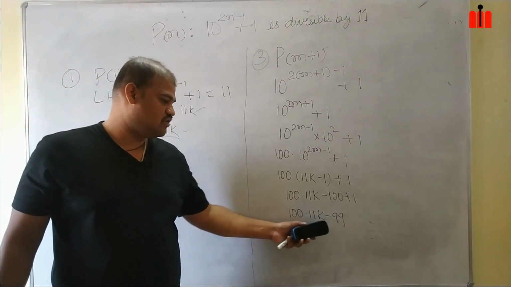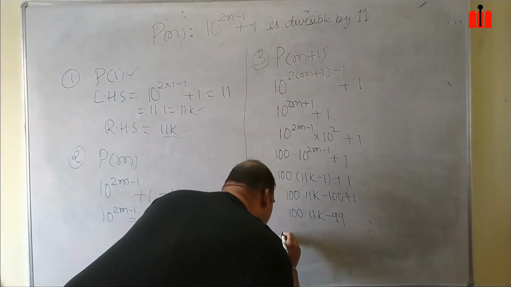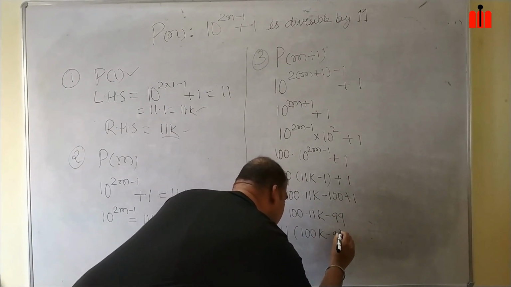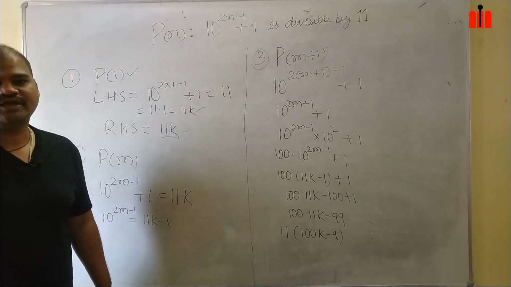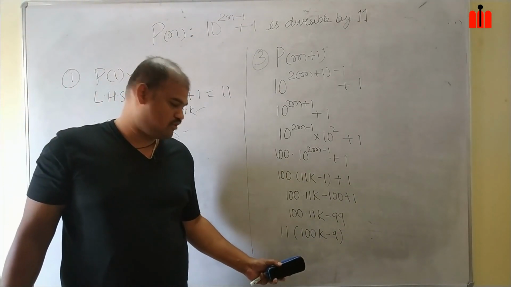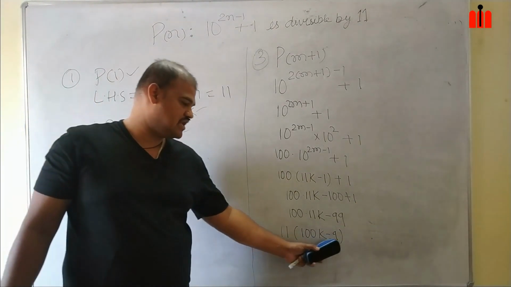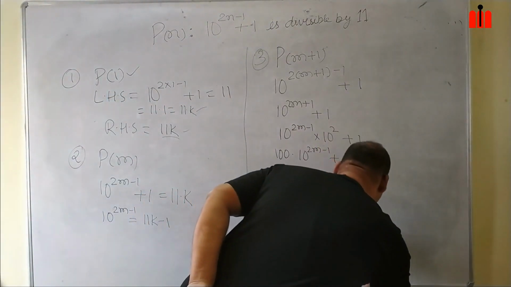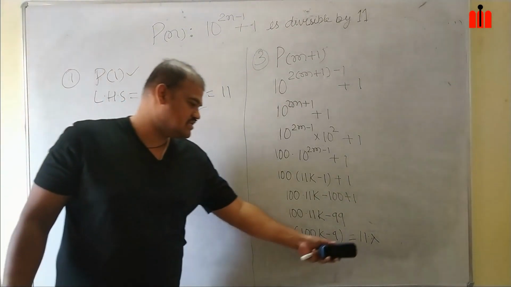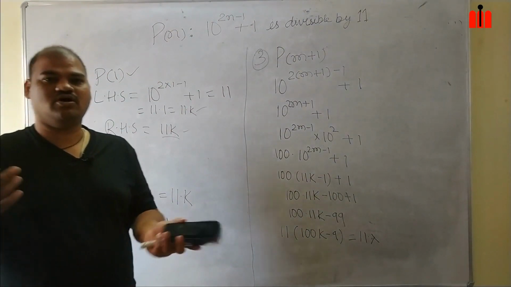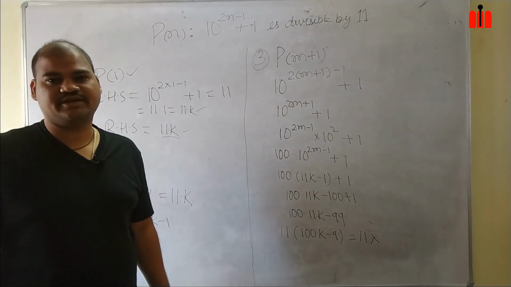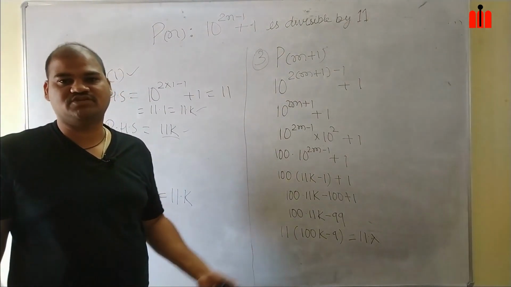Now we can take 11 common from these two, so it will be 11 into 100k minus 9. Similar to the 8th problem, I can substitute this 100k minus 9 as lambda, then I get 11 lambda. So my RHS is in the form of 11k, 11 into lambda, 11 into any number. That's why my RHS is correct, so my Pm plus 1 is true.